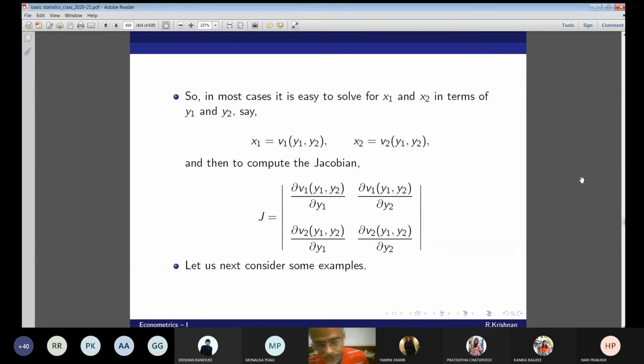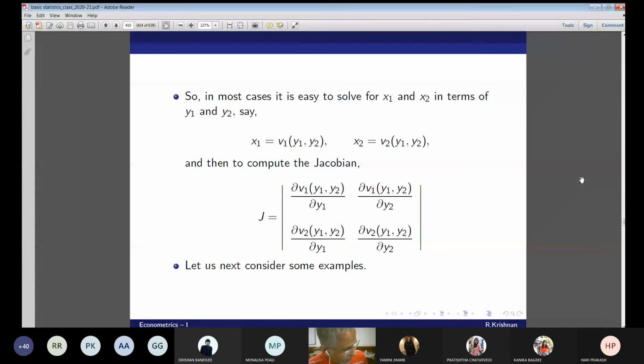Okay, let's next consider some example. Let's do the mapping first. Shall I tell you the example? Yes, sir. Very simple example. x1 and x2 have the joint PDF f of x1, x2 equal to 2.